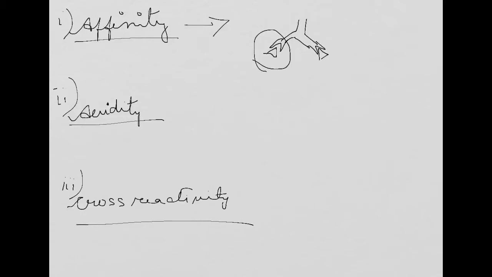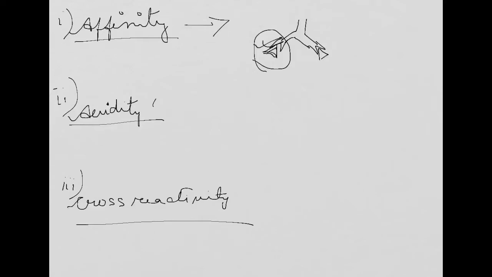Affinity will be more if the shape of antigen and antibody is perfectly similar or the same. If not perfect, the force of attraction will be weak. So what is affinity? It's the strength by which an antigen binds with the antibody.